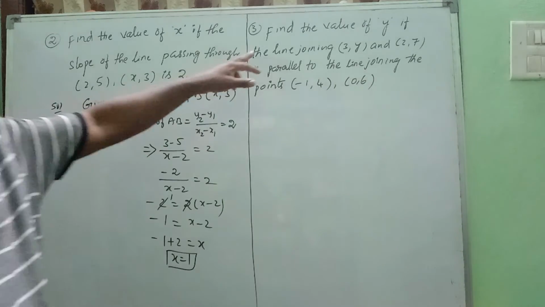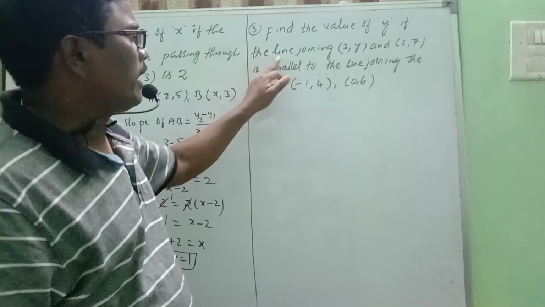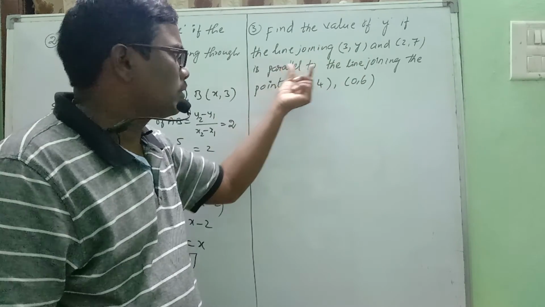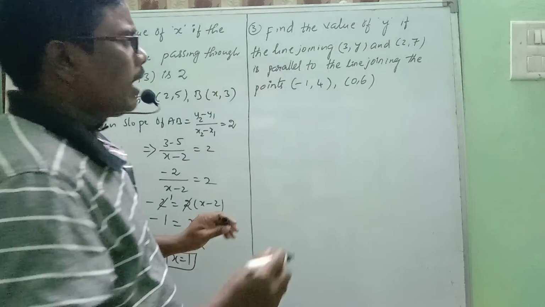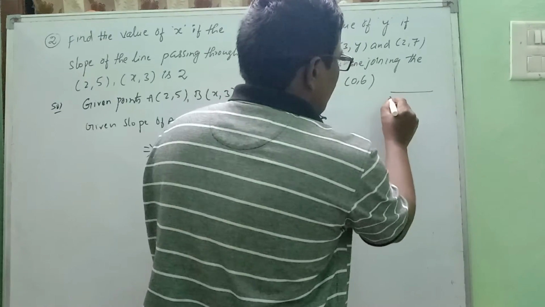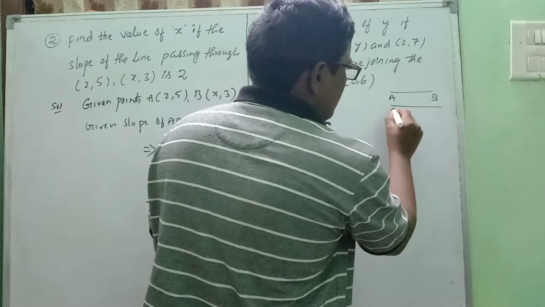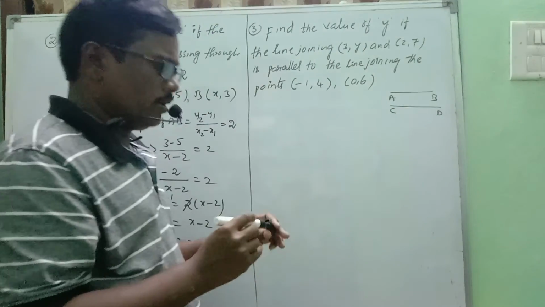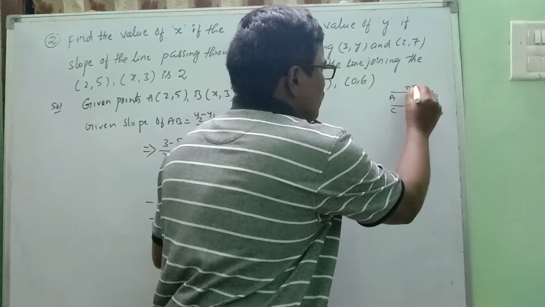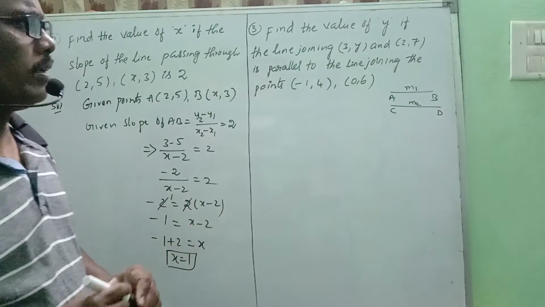Another, third question. Find the value of y if the line joining the points is parallel to the line joining the points. Take 2 points A and B, and another two points C and D. Take the slopes m1 and m2.